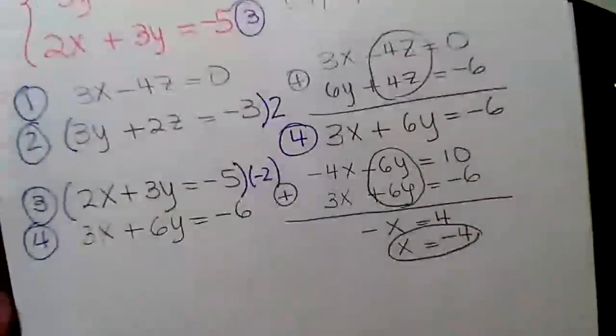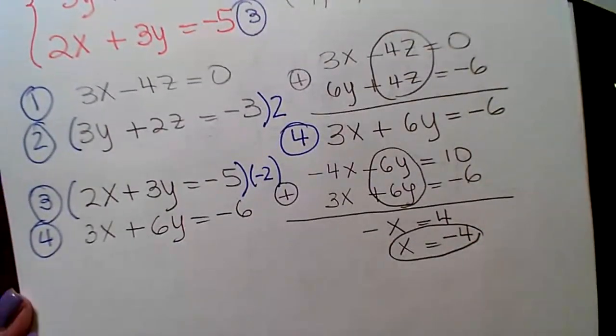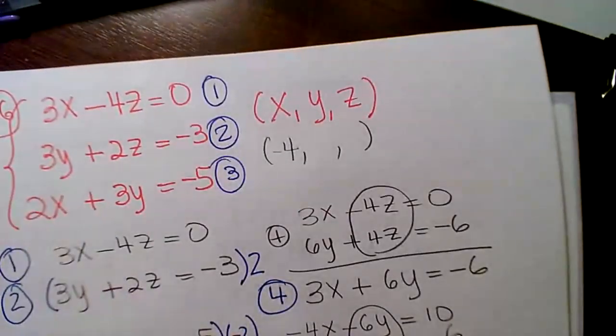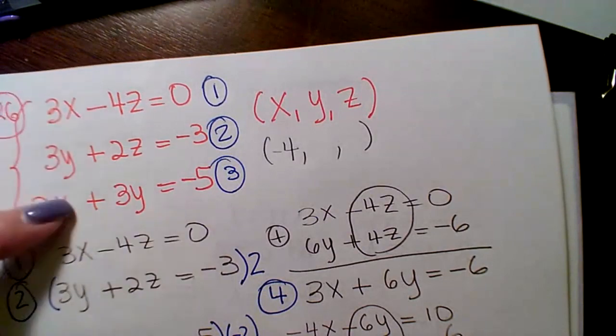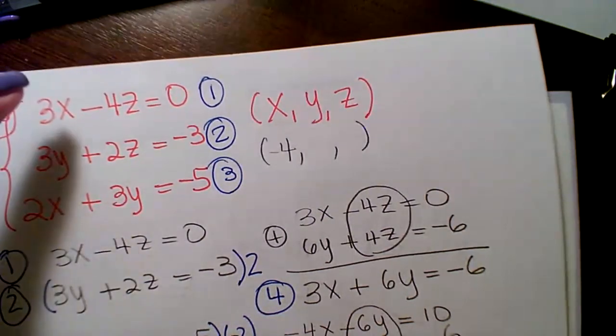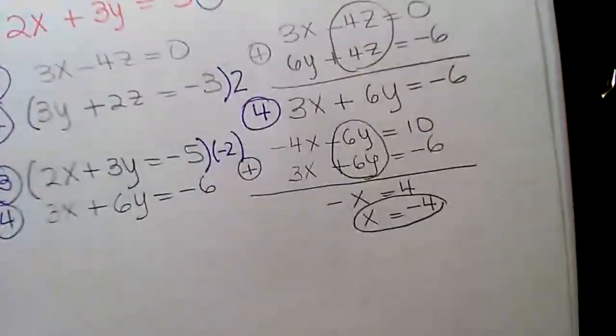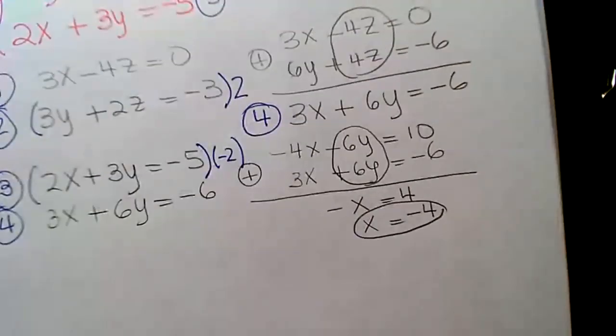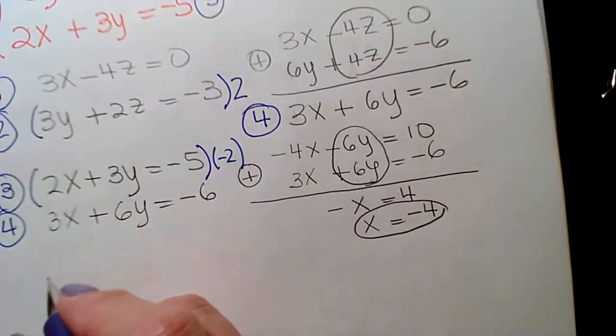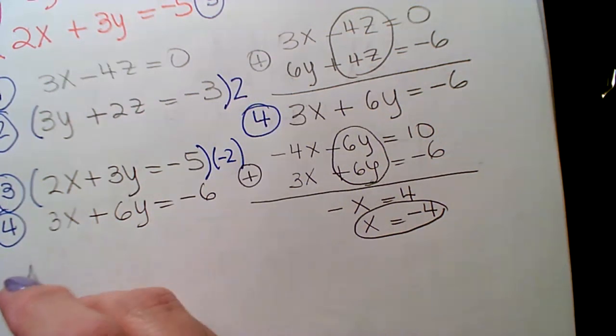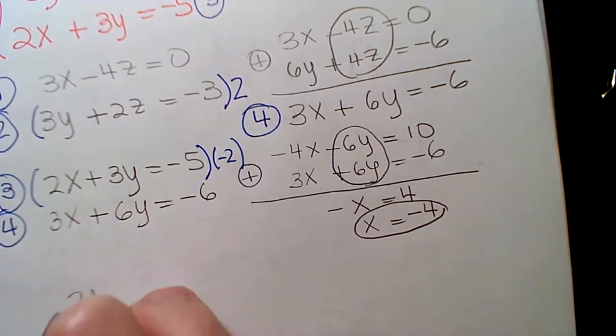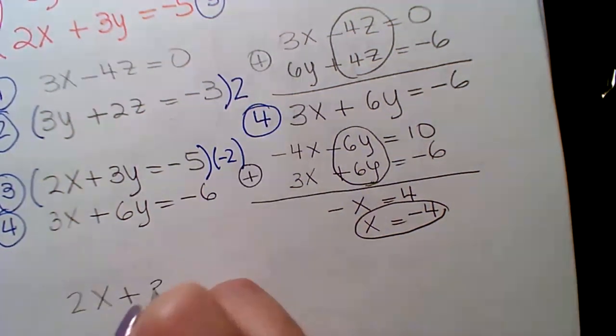Perfect. Now, all I have to do is come back to any of these ones. I replace the x. If I do it here, I get the y. If I do it here, I get the z. So it doesn't matter which one you guys use, okay? So I'm going to replace it on this one.